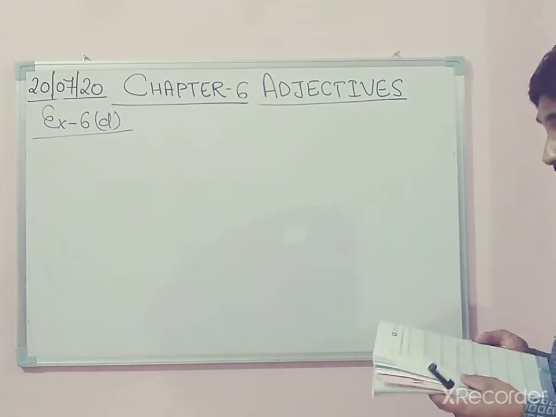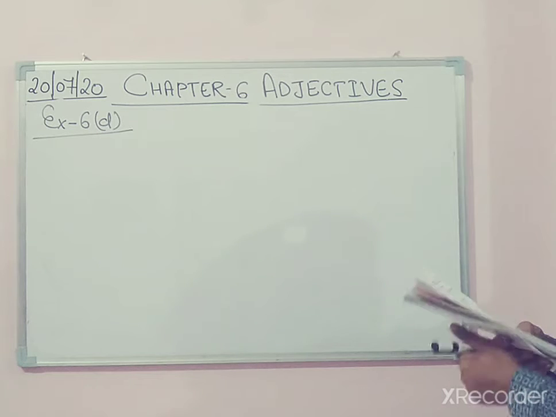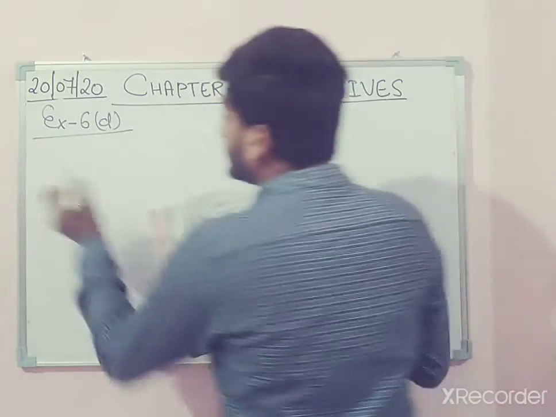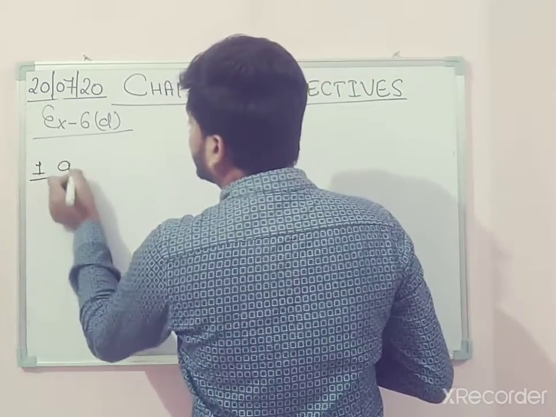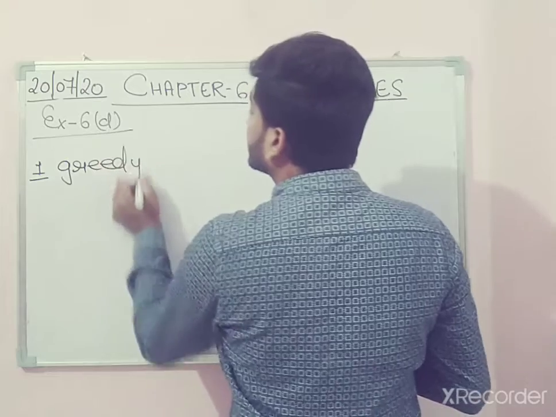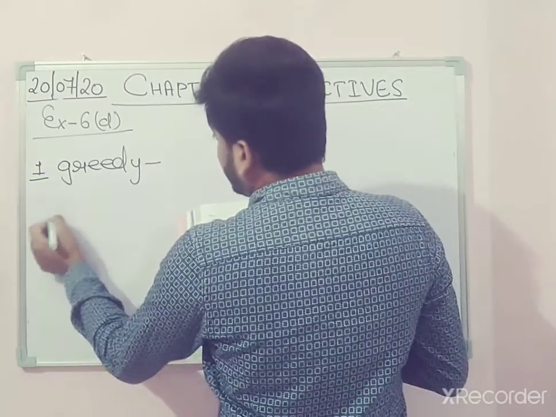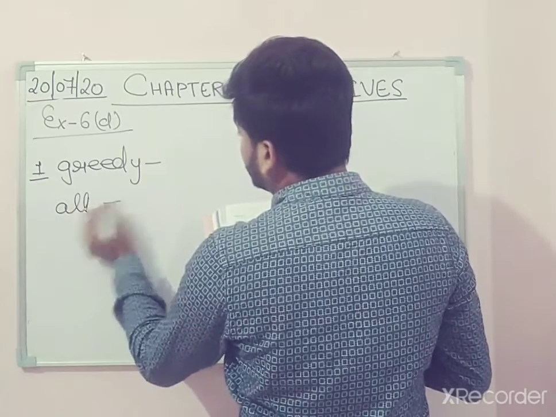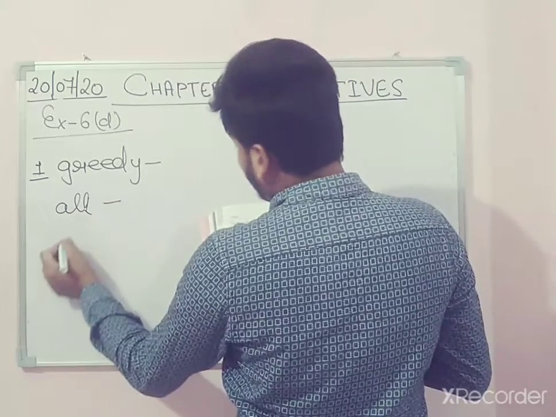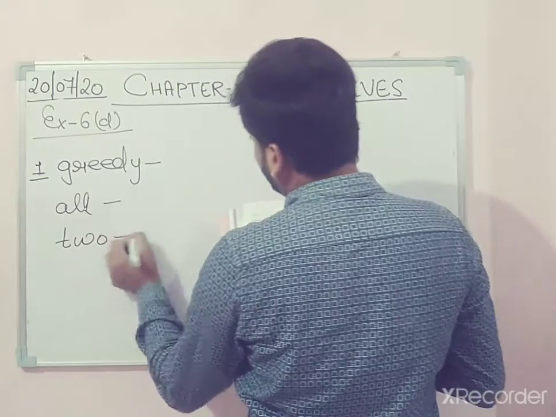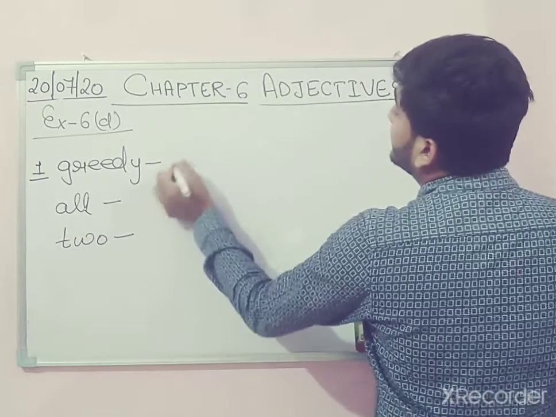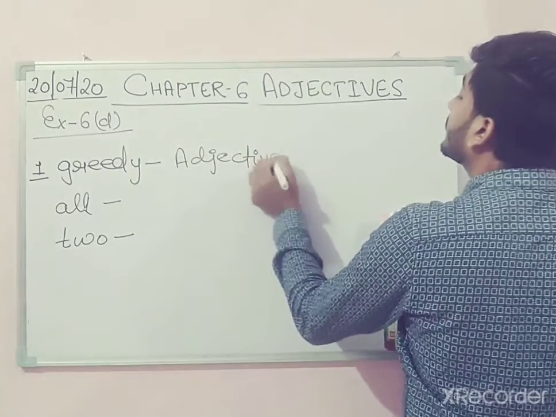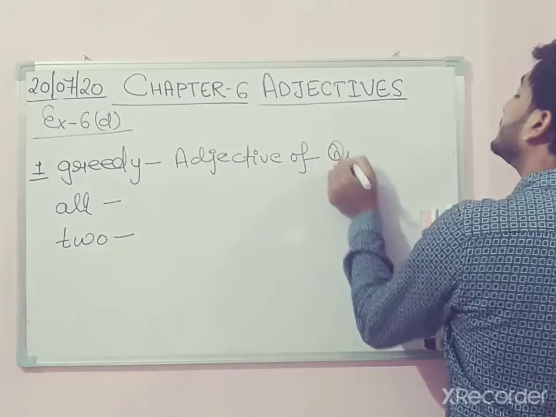Number 3 is: The greedy cat drank up all the milk from the 2 pans. What kind of cat was it? It was a greedy cat. And how much milk did she drink? All the milk. From how many pans? 2. What kind? That means adjective of quality.